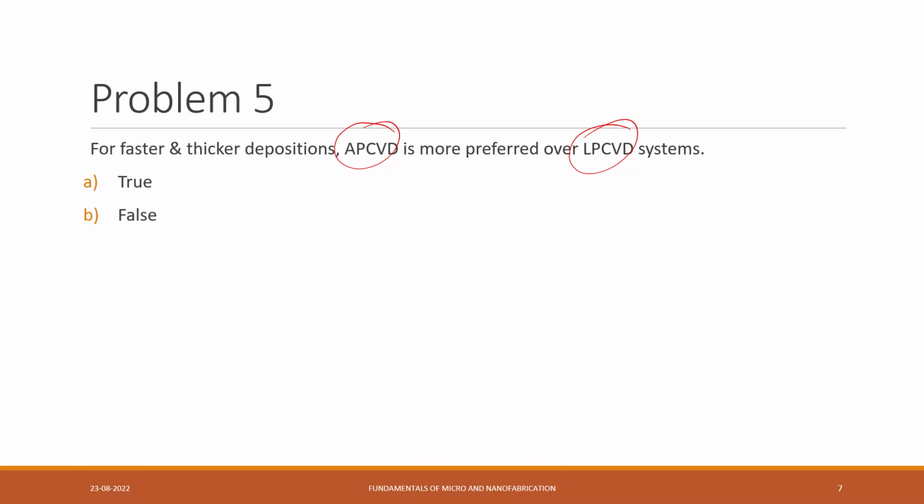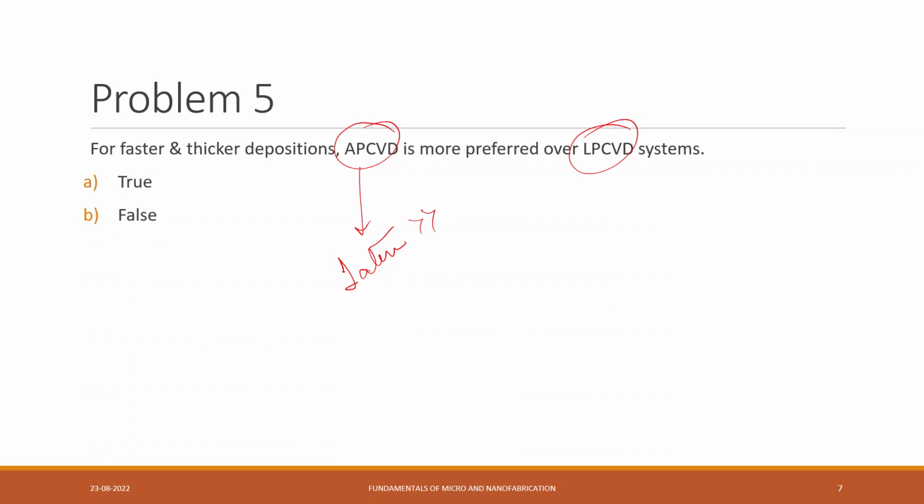Okay. So we know that in APCVD systems, we tend to work around atmospheric or more than atmospheric pressures. And in LPCVD, the pressure is quite low. We have to establish a vacuum to go to an LPCVD system.